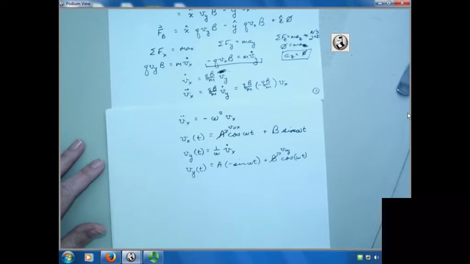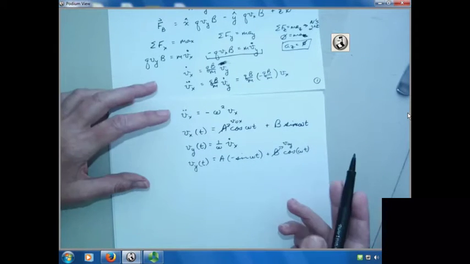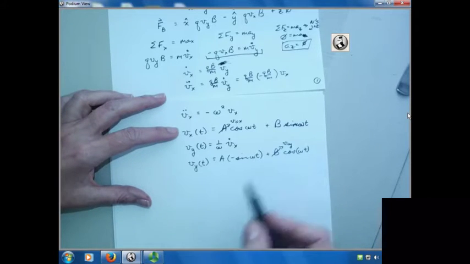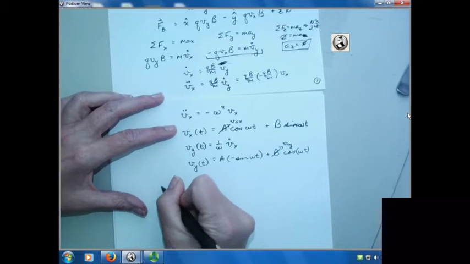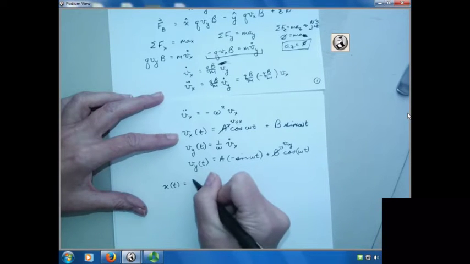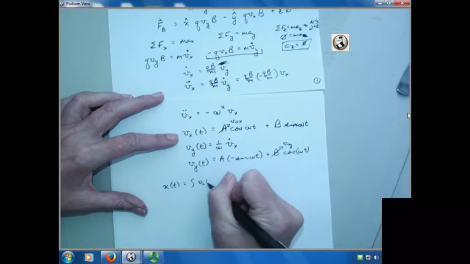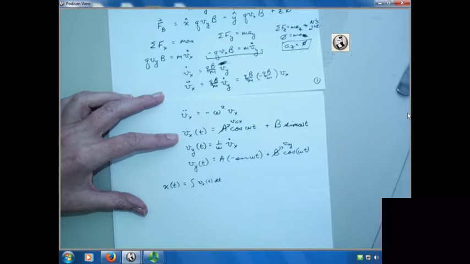All right. And then I can also go on from there, because really what I wanted was not v as a function of time, although I have it now. I wanted location as a function of time. So in that case, I would note that x as a function of time is equal to the integral of Vx(t) dt.